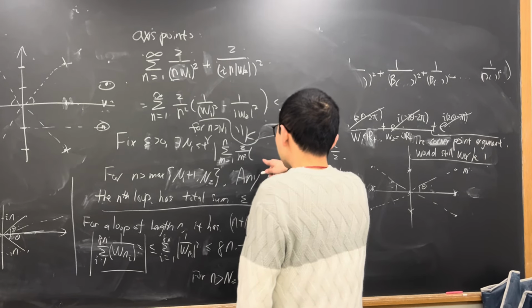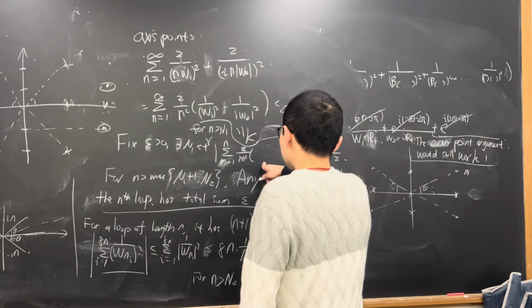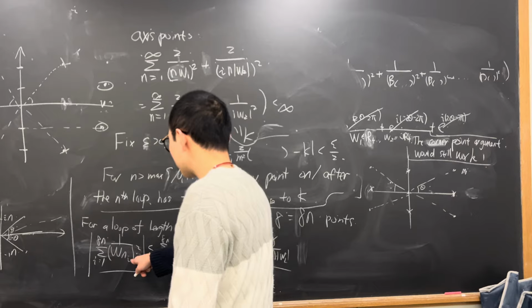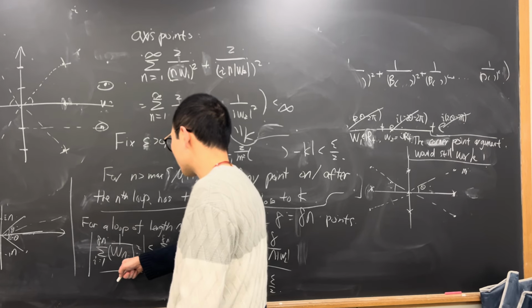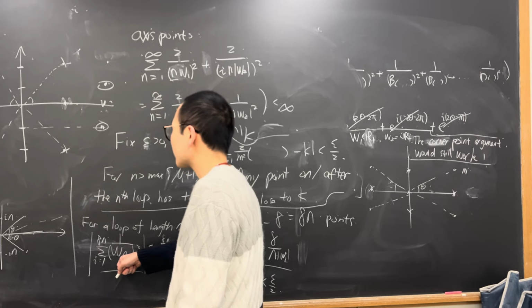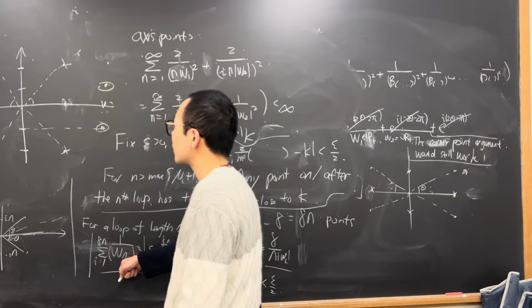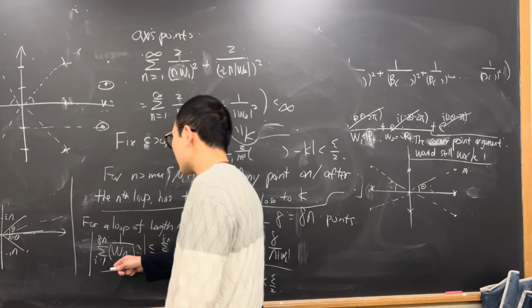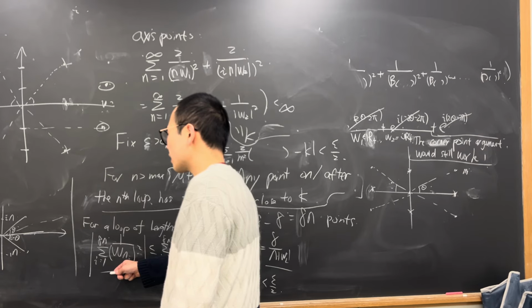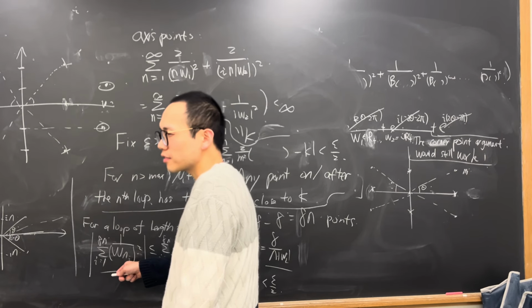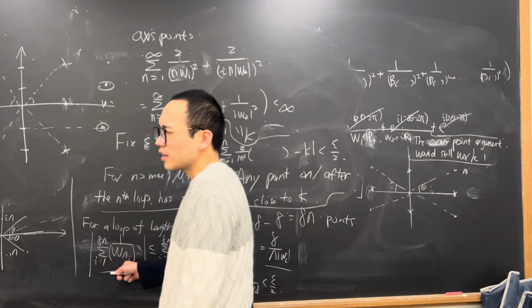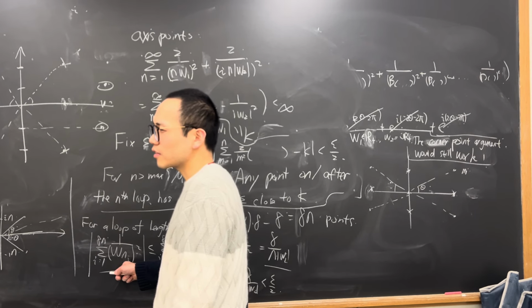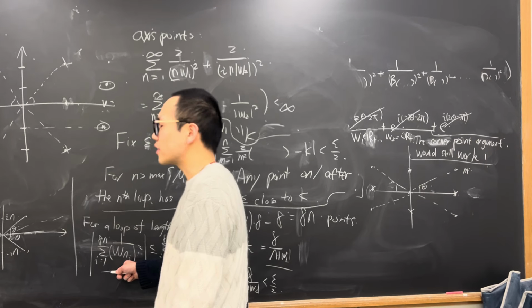One part is the whole loop, and the spare part is the points that are the remainder.